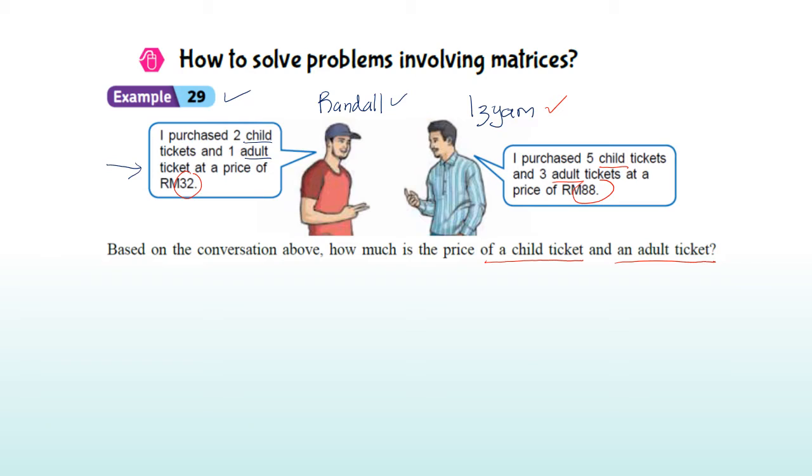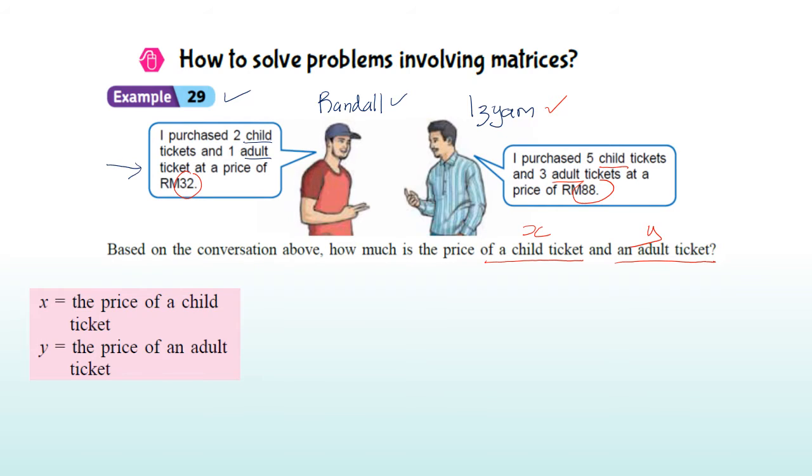First, this is actually your variable, the one that you are looking for or you don't know. So we can write it as x, x as the price of a child ticket, and y as the adult.